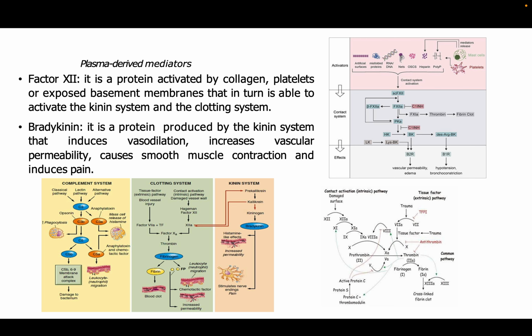We need to start producing blood clots to stop this. And of course, this then activates the kinin system, and specifically bradykinin. What bradykinin does is cause vasodilation and vascular permeability, and I'll be talking about these a bit more later. But this is what you need to know technically.